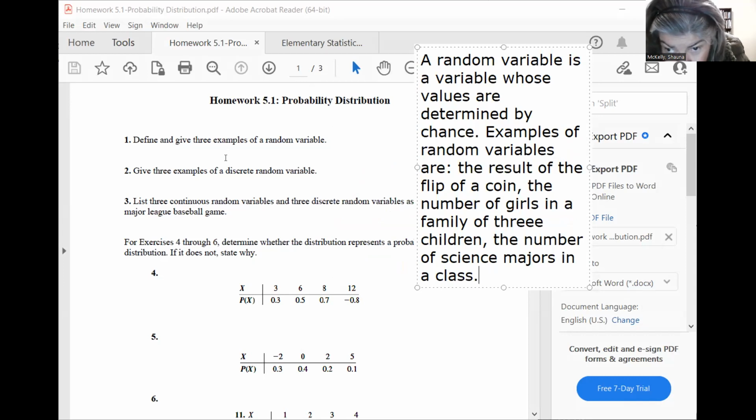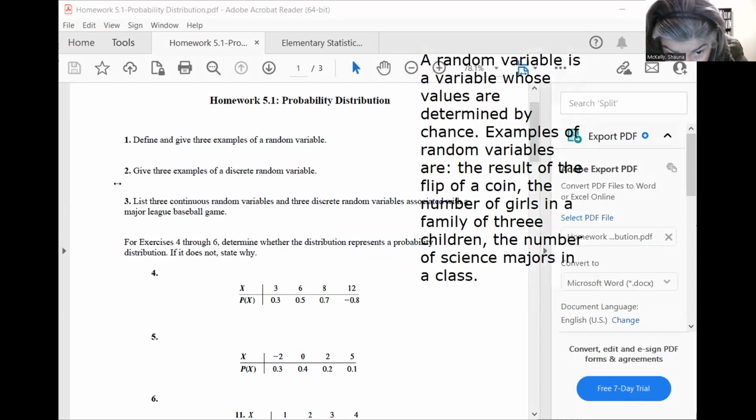Now here, we're looking specifically at discrete random variables. So here, this is question 1, okay? This is for question 1. This is what you would say for question 1 here. Now, give 3 examples of a discrete random variable, okay?